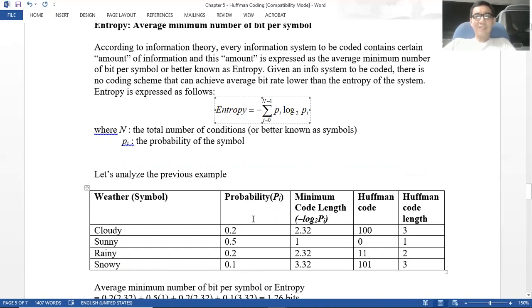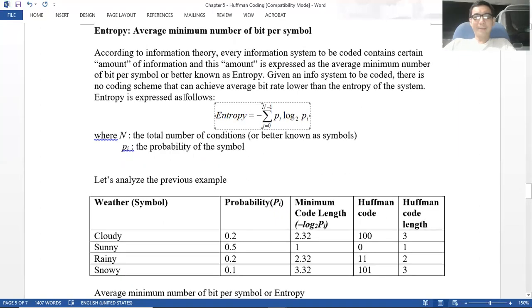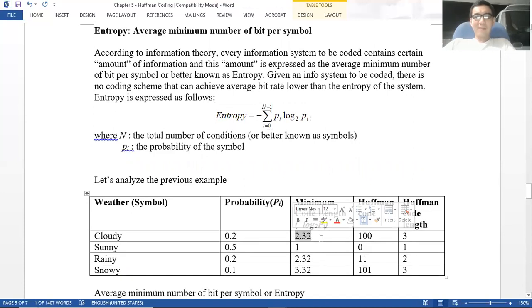Average means you take the probability and multiply with their minimum code length. Then you get the average minimum code length. I repeat: to calculate the minimum code length, you use negative log 2 of p. And then to calculate the average, you multiply this with the probability. So we have the probability multiplied with the minimum number of bits, and then we sum them.